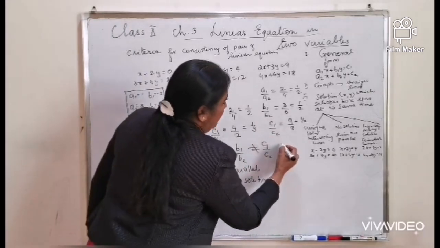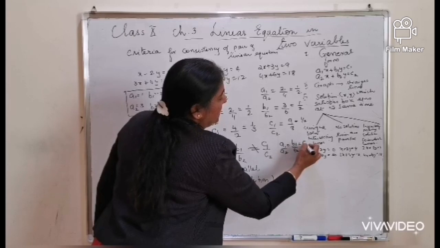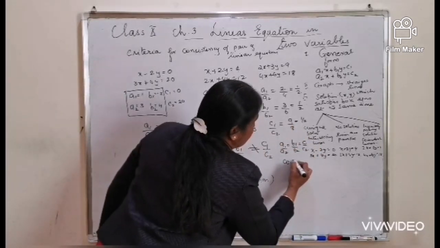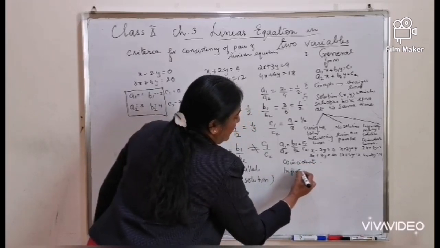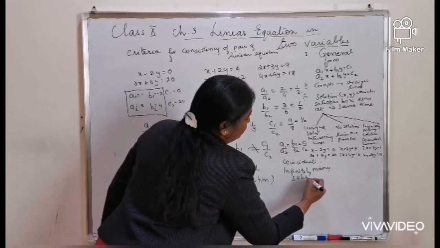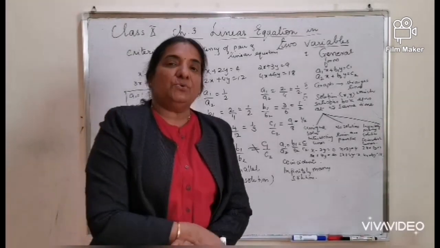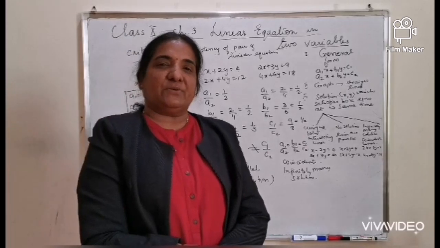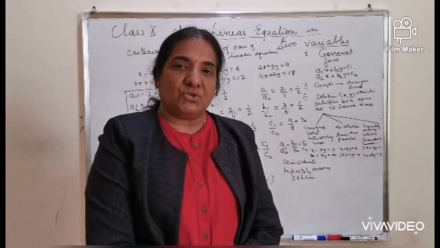Therefore, if a1 by a2 is equal to b1 by b2 equal to c1 by c2, the lines are coincident and the equations will have infinitely many solutions. So this is the condition by which you can understand whether a given pair of linear equations has a unique solution, many solutions, or no solution.